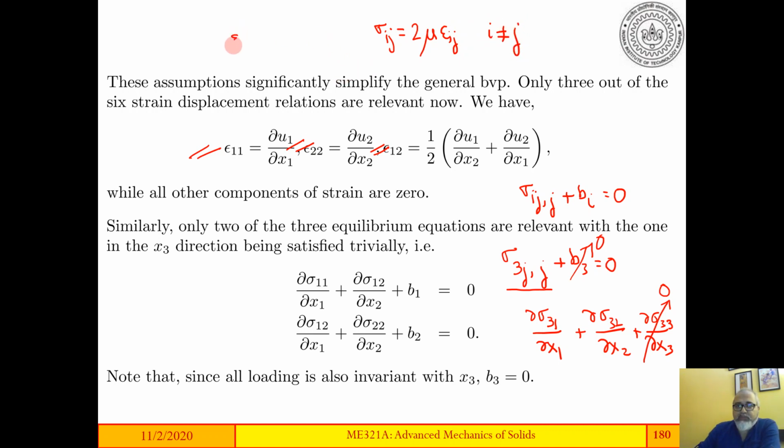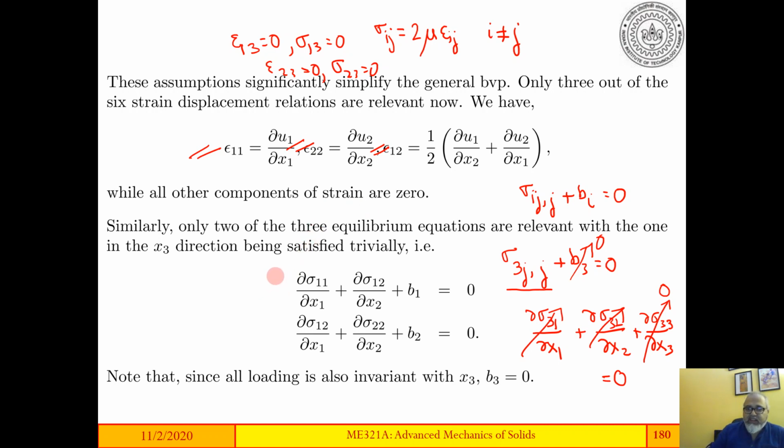So if epsilon 13 is equal to 0, so is sigma 13, and epsilon 23 is equal to 0, so is sigma 23, which makes this equal to 0 and this equal to 0, which means the third equation of equilibrium for i equal to 3 is identically, trivially equal to 0, and need not be satisfied separately by the assumptions of the problem that you have made. The third one is already equal to 0.